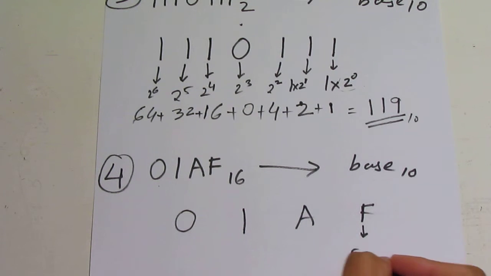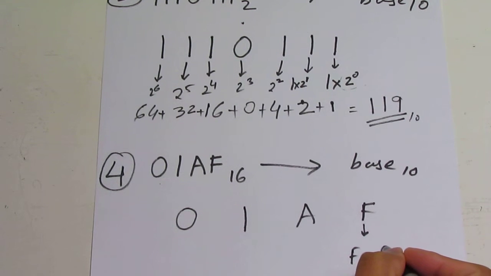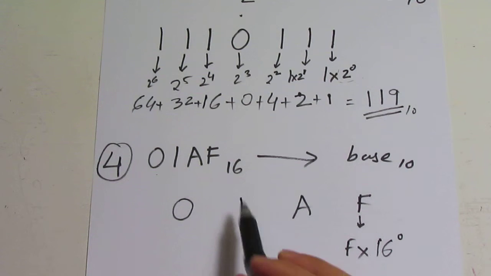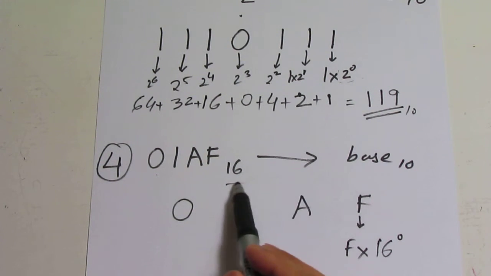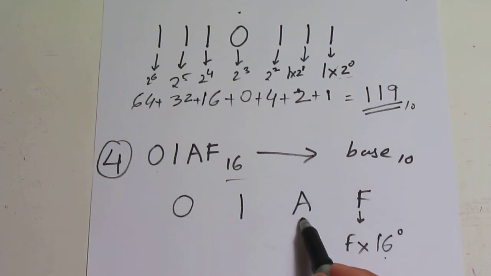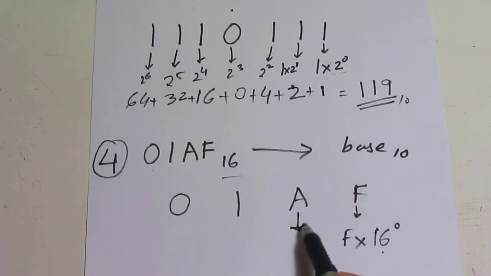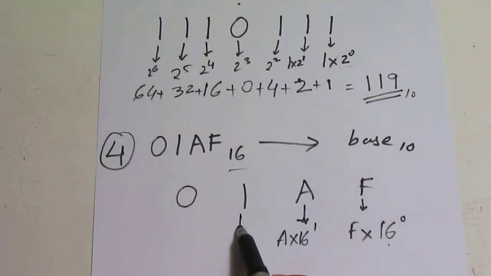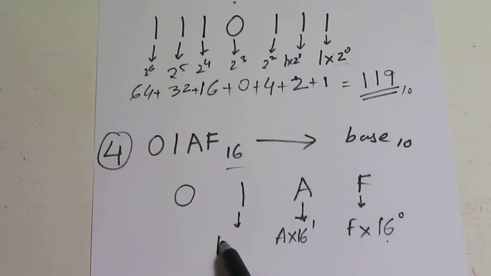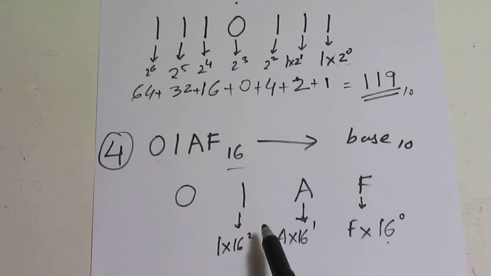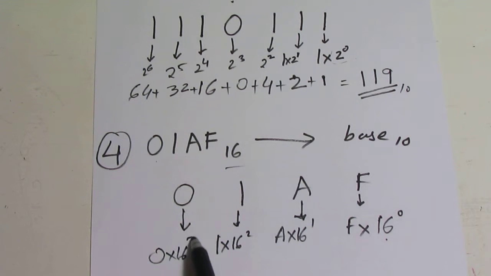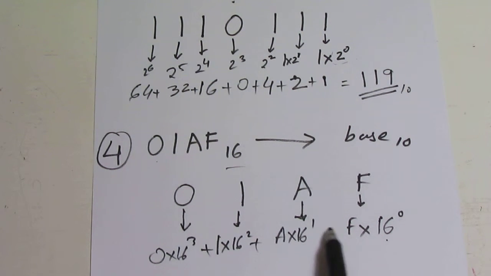So this is F times 16 to the power 0. Since this is in base 16, we write 16 to the power 0, and then we bring the A down, and we multiply that with 16 to the power 1, and then we bring the 1 down, and we multiply that with 16 squared, and then we bring the 0 down, and we multiply that with 16 cubed. You add all the numbers up.